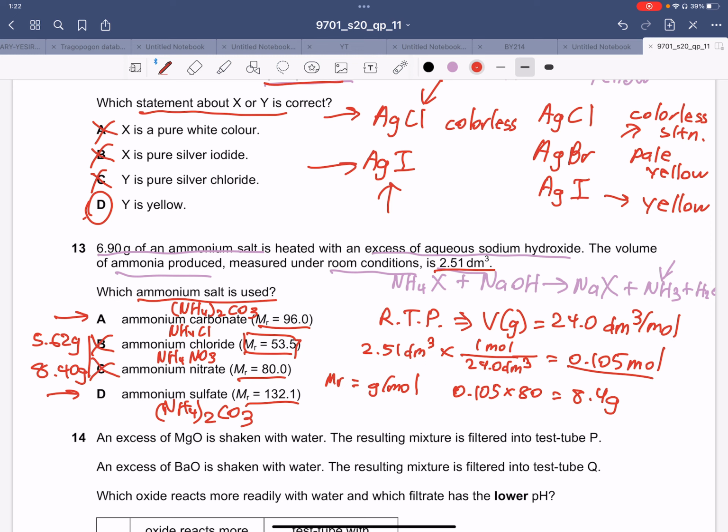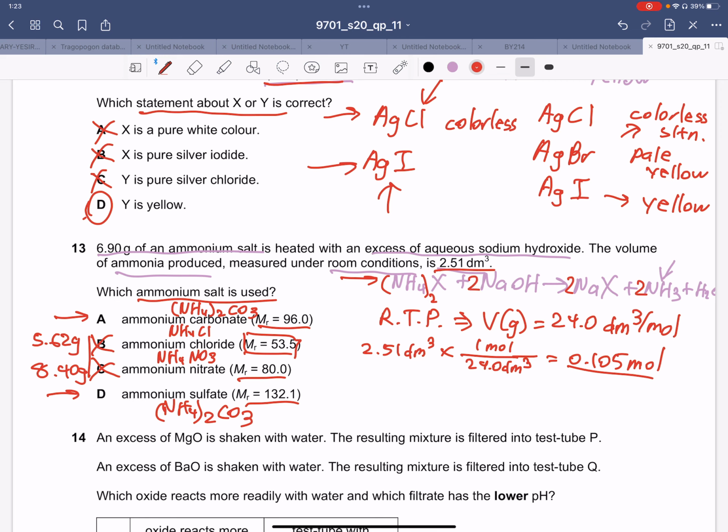We know that. Now we have to backtrack a bit because we have to get rid of basically all of this part here, because we need to go back to our original equation right here. If we were to use a different compound, NH4 2X, we'd have to balance our equation. You'll have 2 ammonias, and you'll also have 2 Na's, since that X has a -2 charge and Na has a plus charge.